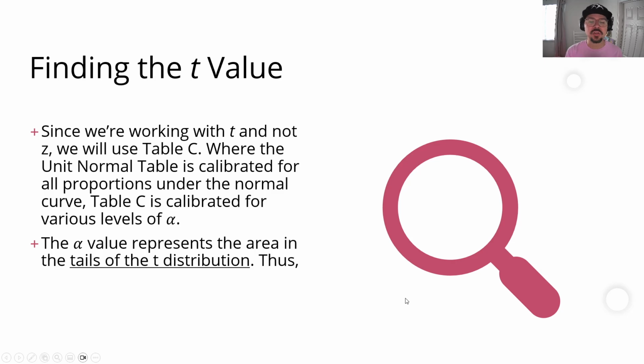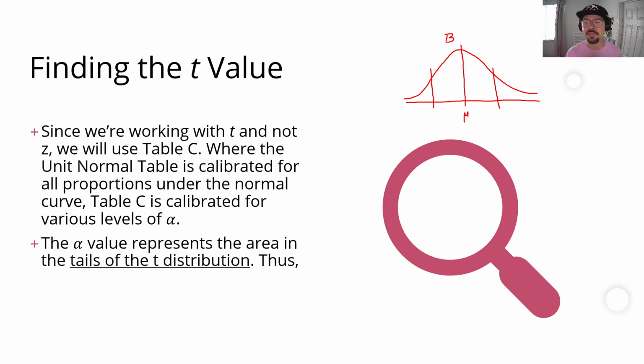The alpha value represents the area in the tails of the t distribution. When I describe the tails of a distribution, if our mean is in the middle, we have these two points on our distribution that delineate what's called the body.